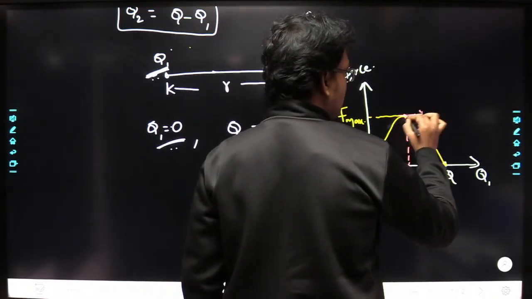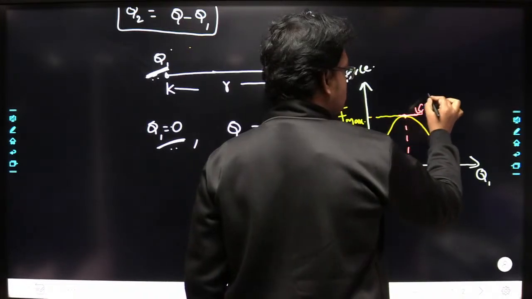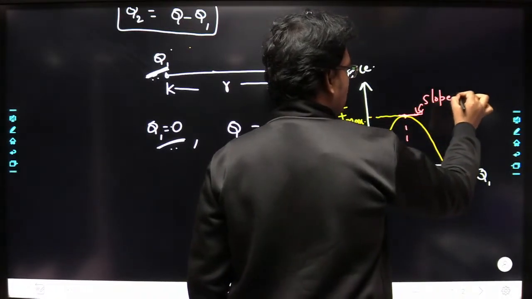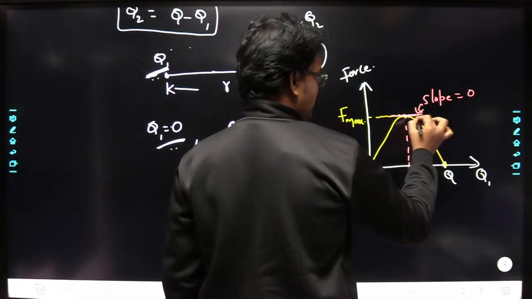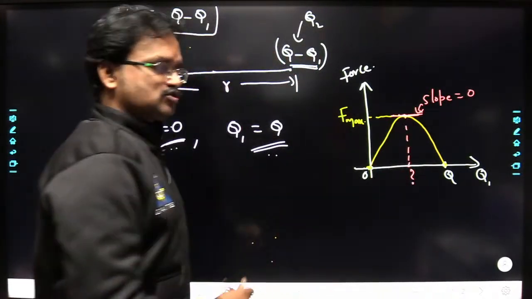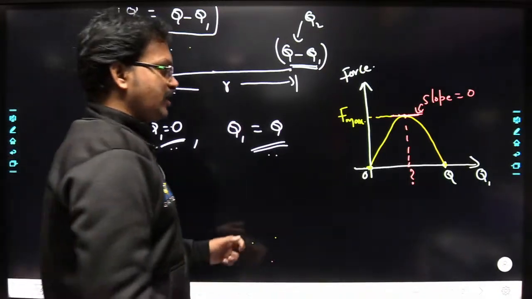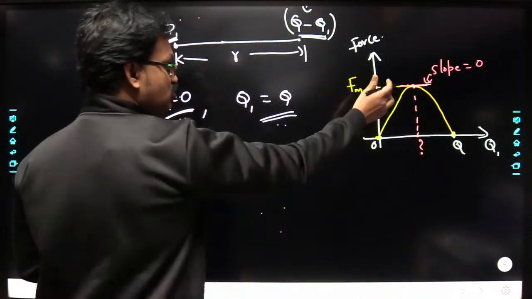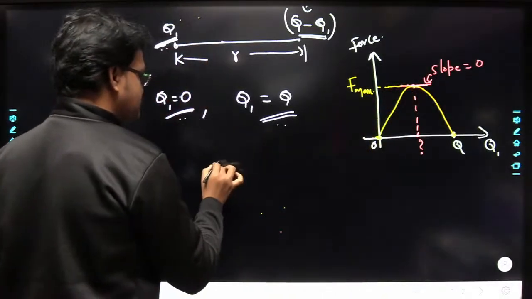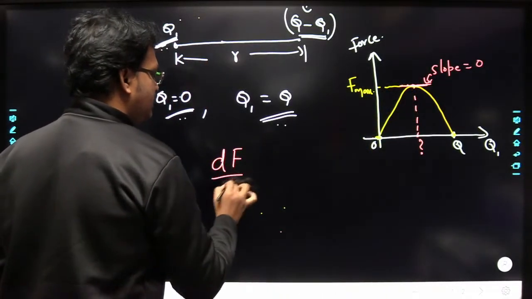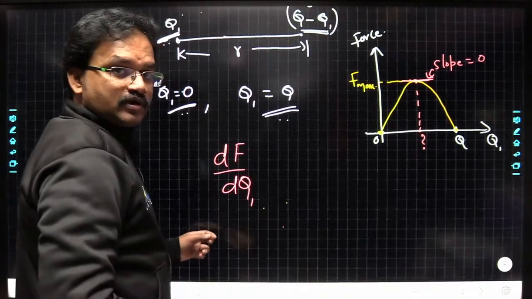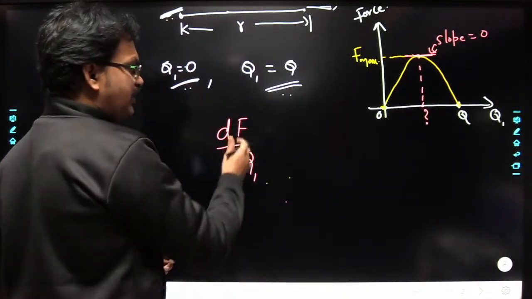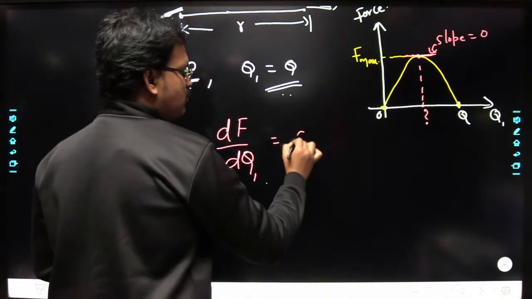The slope at this location is equal to 0. Whenever the force is maximum, the slope becomes 0. The slope of this function at this location is dF by dQ1. So dF by dQ1 must be equal to 0.